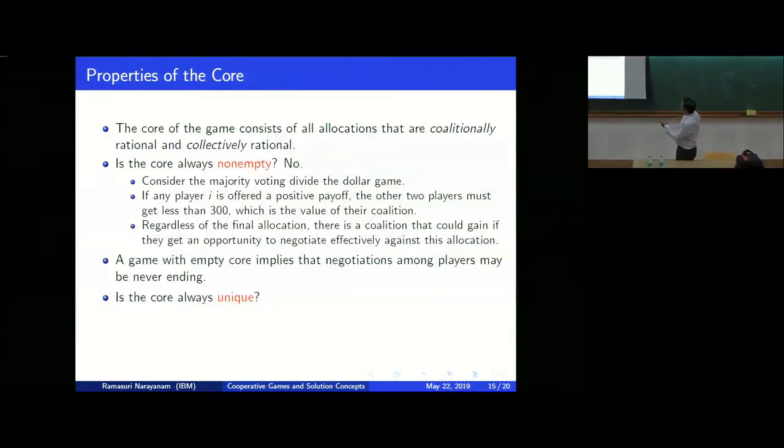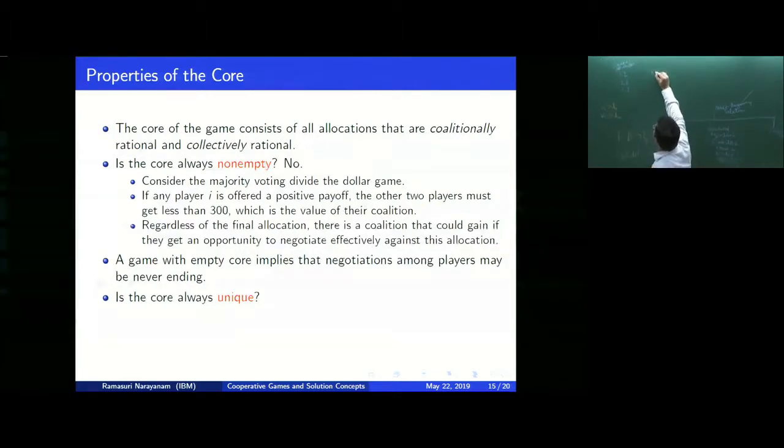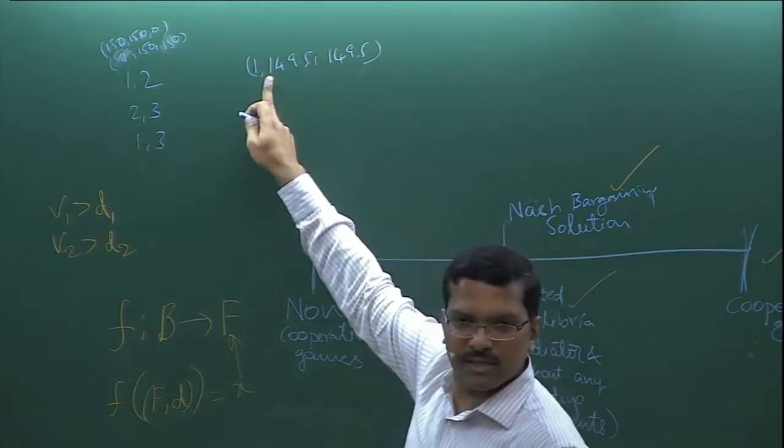Now the question is, is core always non-empty? No, core can be empty in the following setting. Suppose you have 149.5. So 0.5 you take out and give it to the first player, right?